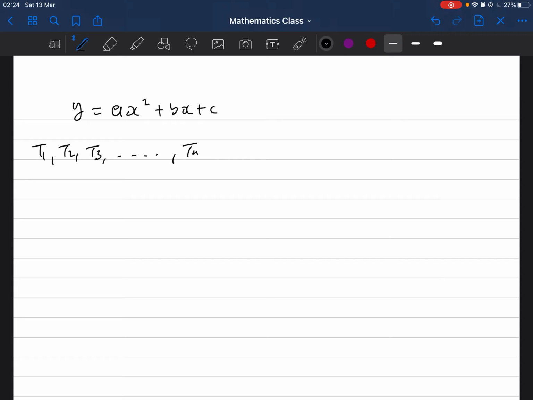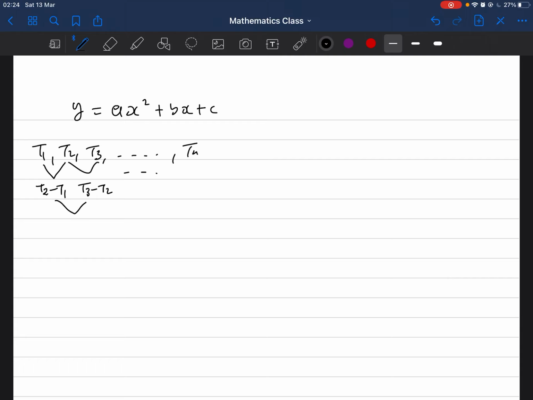When you look at this sequence, you see there is a first difference, which is T2 minus T1, and the second difference, T3 minus T2, and so on.